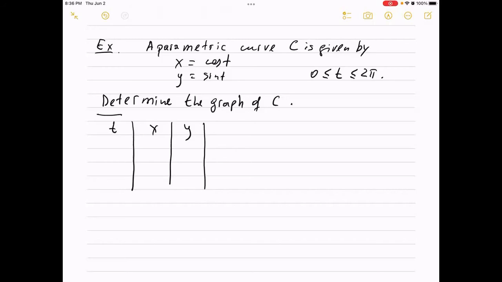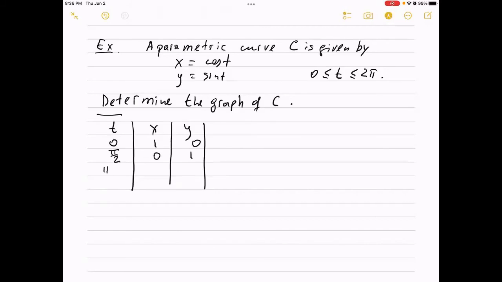So we start with t equals 0. Cosine of 0 is 1, sine of 0 is 0, so x equals 1, y equals 0. Then pi over 2: x equals cosine of pi over 2 is 0, y equals sine of pi over 2 is 1.